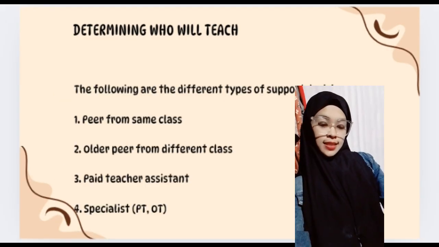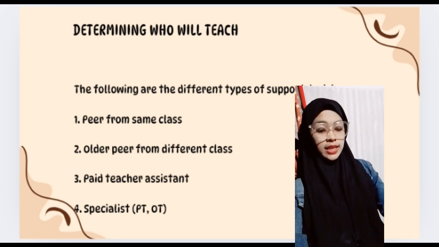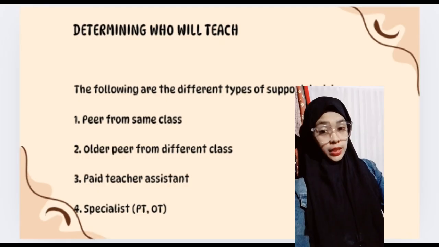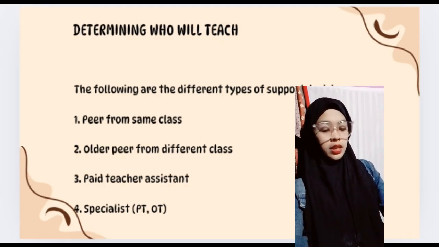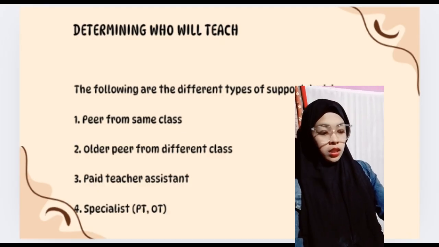Next is determining who will teach. Who are they? First is a peer from the same class. It means that a classmate provides assistance or support to the person with disabilities. Next is an older peer from a different class, a student from a higher level that helps.